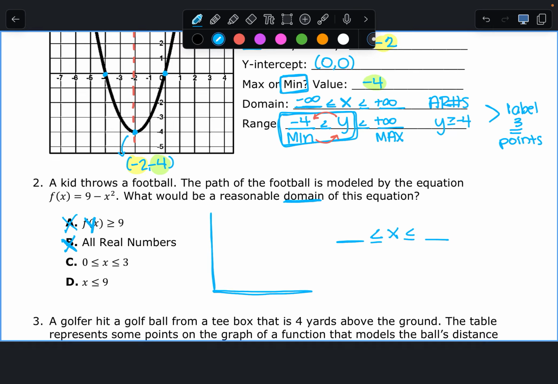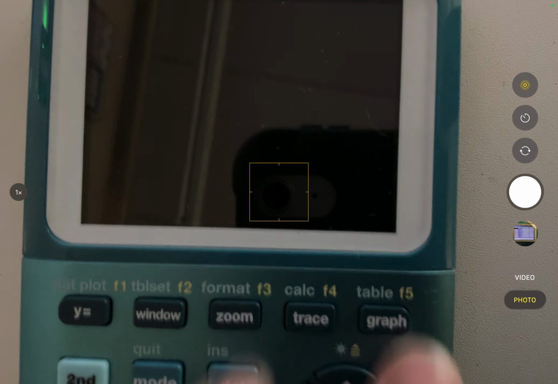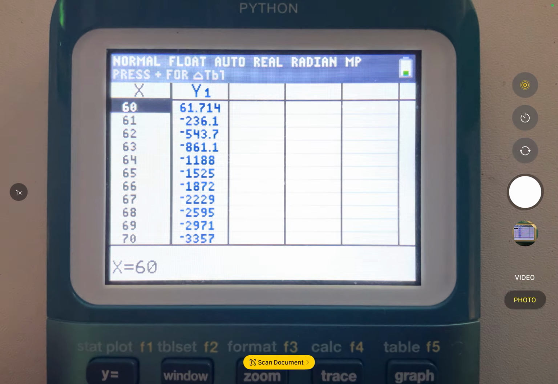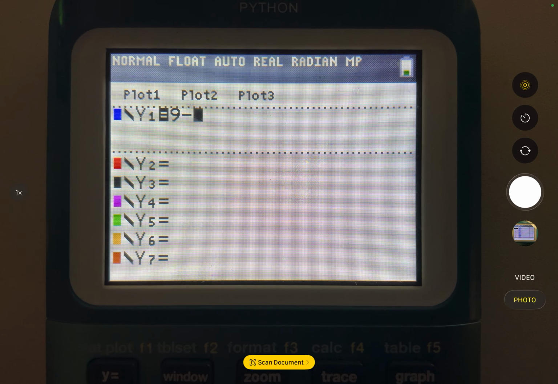Now, I don't have a graph to look at, but they give us an equation. Put that equation into y equals. Clear whatever is in there. 9 minus x squared. Easy. Now hit graph.